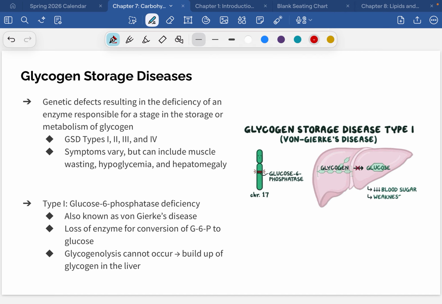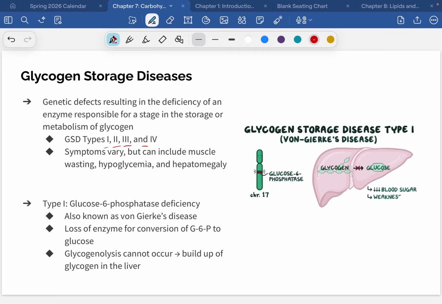So this is a group of disorders. There are glycogen storage diseases type 1, 2, 3, and 4. They can include lots of different enzymes and things like that. Symptoms vary because, again, it is a group of diseases.